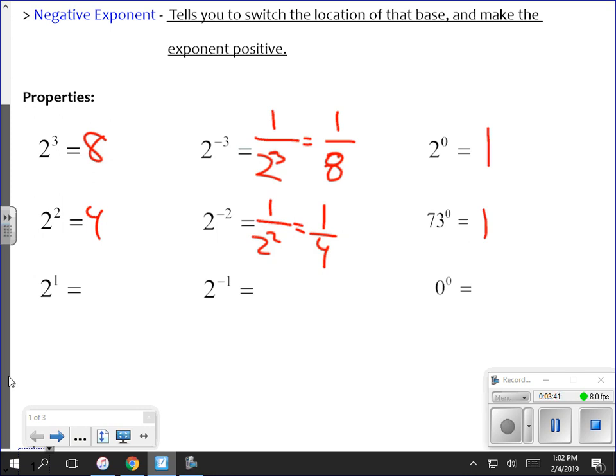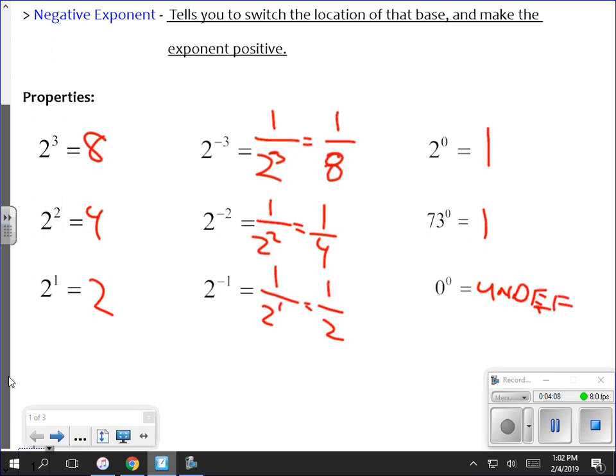Okay. 2 to the 1st is 2. Anything to the 1st power is itself. 2 to the negative 1 means that I have 1 over 2 to the positive 1, so I have 1/2 for that. And then 0 to the 0 power is the only time it is not 1.